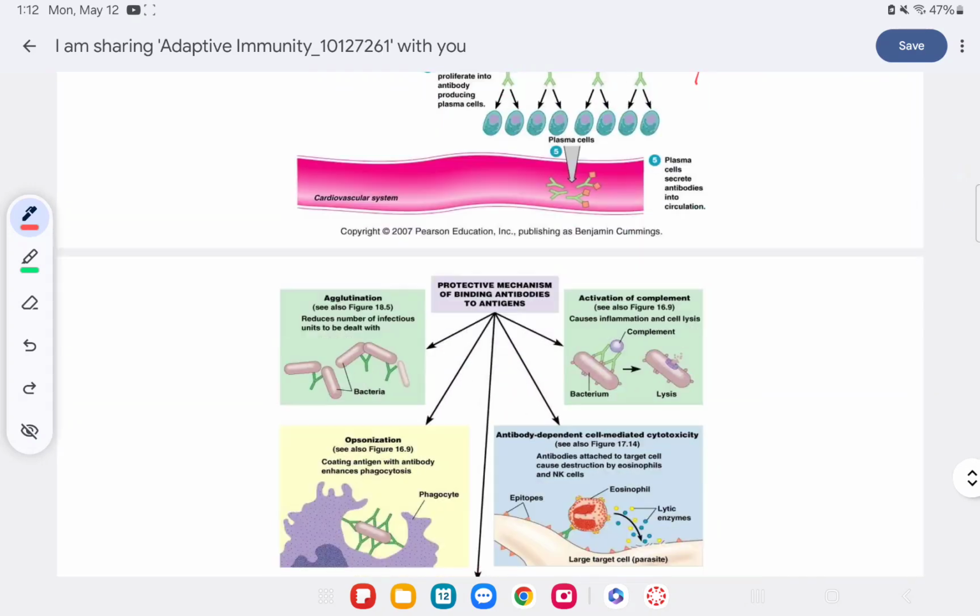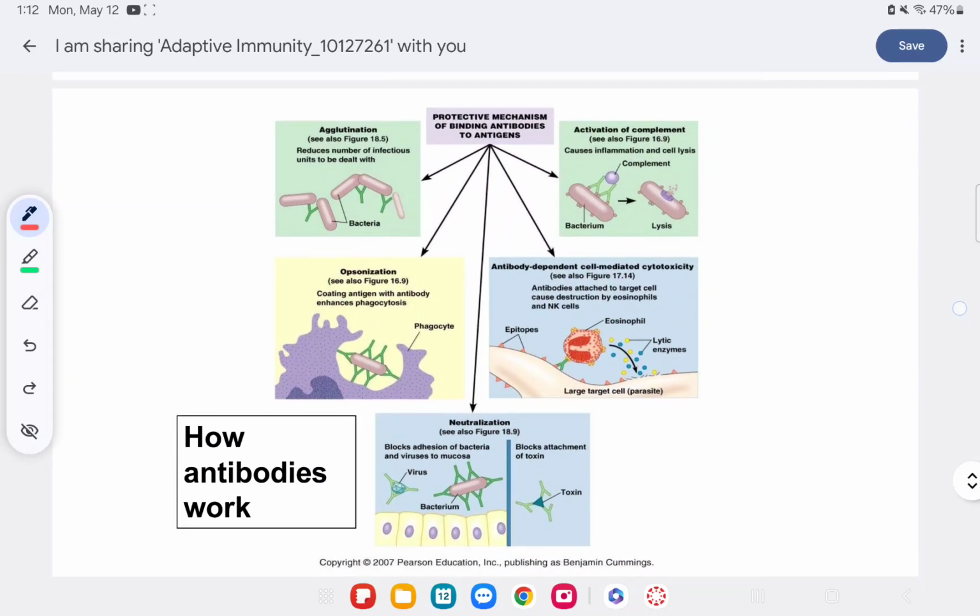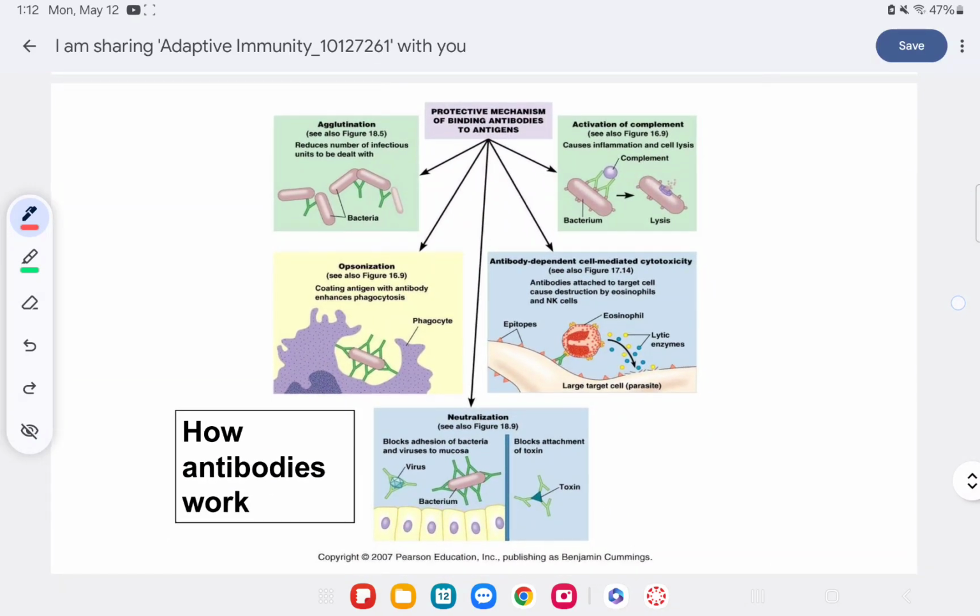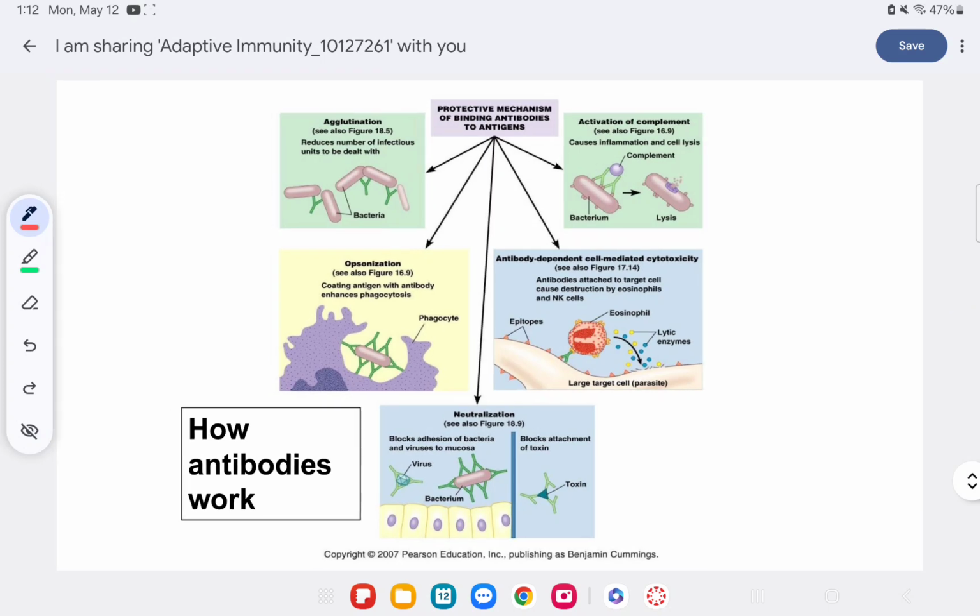What does the antibody actually do? Very important to understand, the antibody does not kill the pathogen. An antibody is a little tiny protein, much smaller than the pathogen, so it can't kill them. But because it has two arms, it can drag them out of solution.